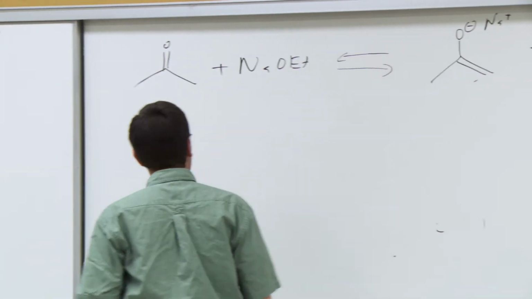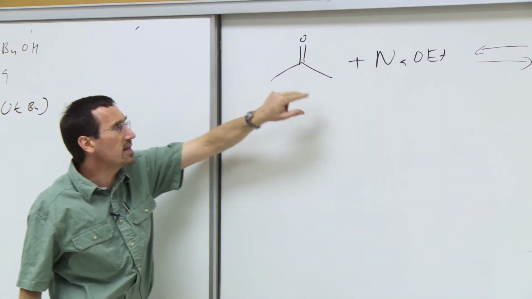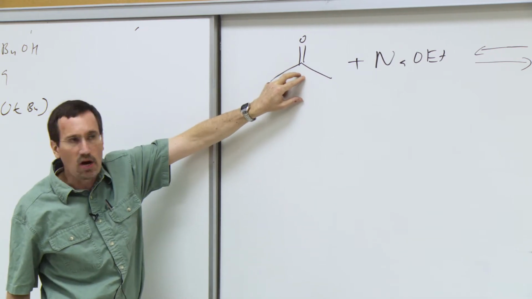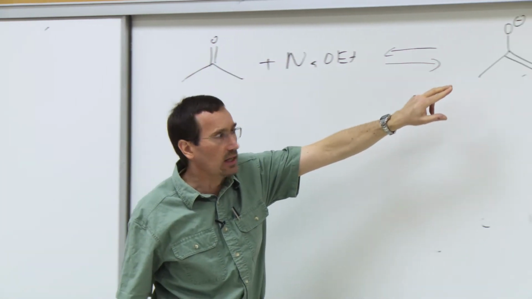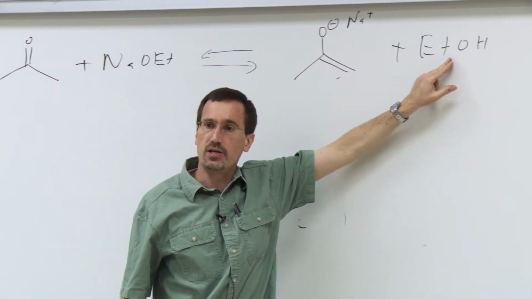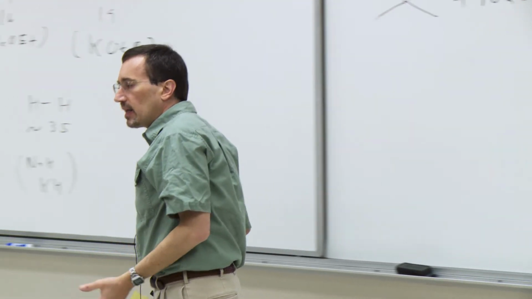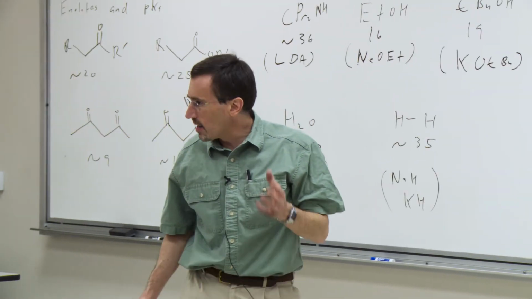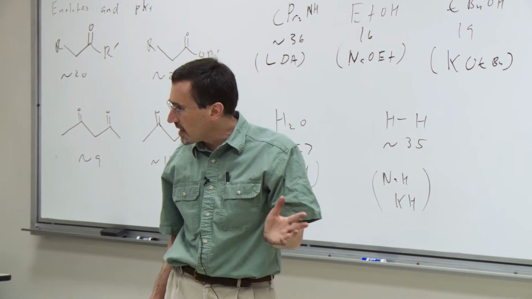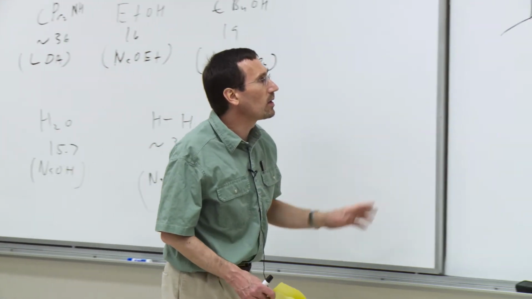Sodium ethoxide, or ethoxide anion, a base, reacts with a ketone, an acid, to give an enolate, the conjugate base of the ketone, and ethanol, the conjugate acid of ethoxide. And I look at this reaction and I say, wait a second, do I have a lot of enolate or a little enolate? Where does the equilibrium lie?